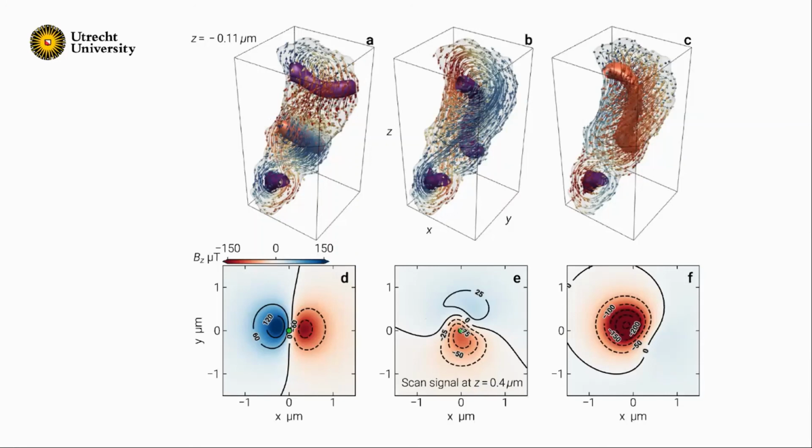To reproduce these signals correctly, we need these higher order terms, as I explained before, the higher order magnetic moments. So the theory we developed before is necessary to obtain these results.